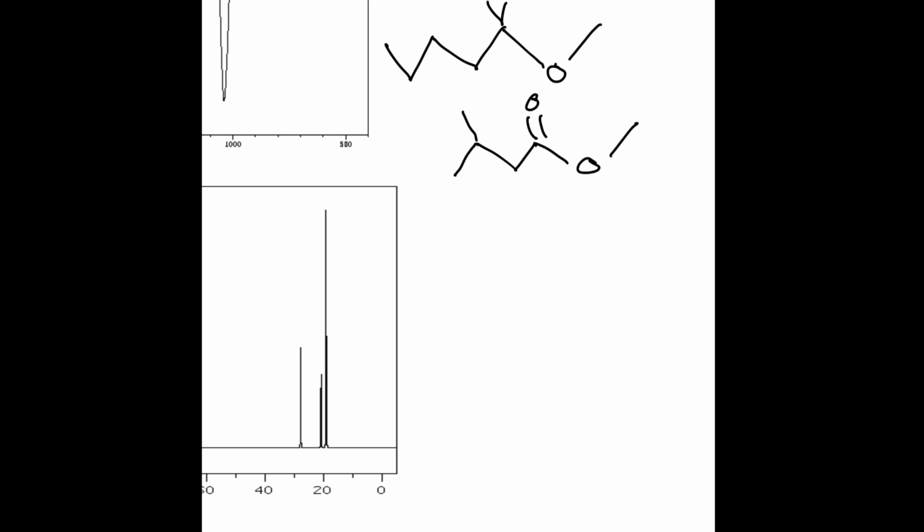One more structure that we can draw for this formula is going to look something like this. And that is going to have the same number of oxygen, hydrogen, and carbon atoms. All these structures do have the same formula, but we're going to find the final structure by looking at the carbon-13 NMR and proton NMR.